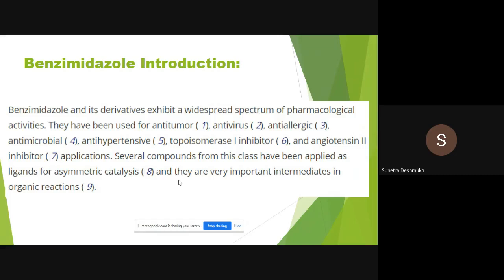In order to achieve some complicated reactions, we use chiral ligands on those transition metals. In some of those chiral catalysts you can also find benzimidazole added in the form of a carbene.